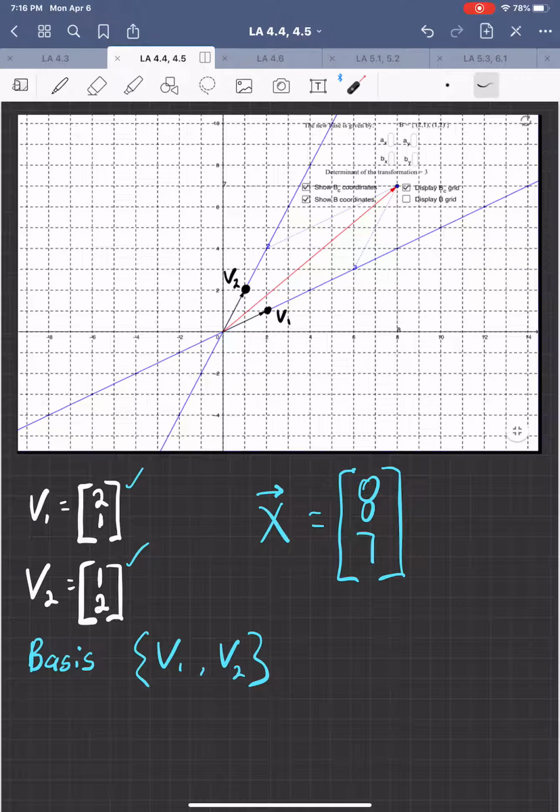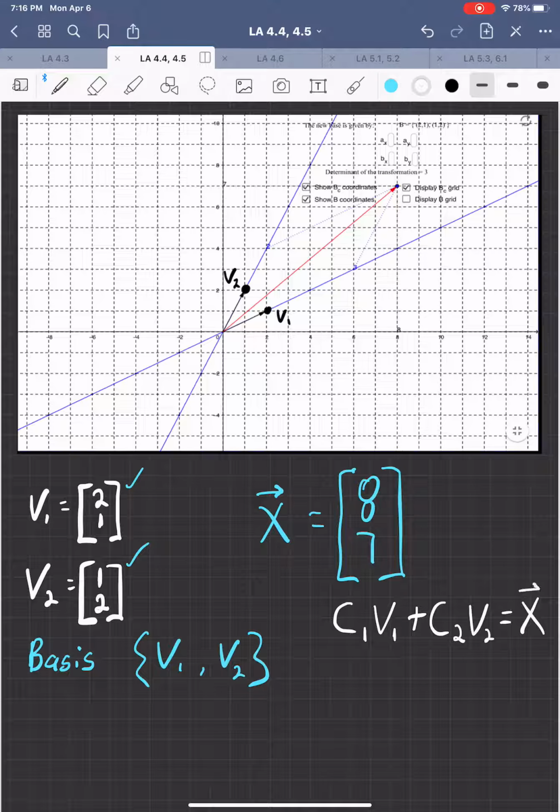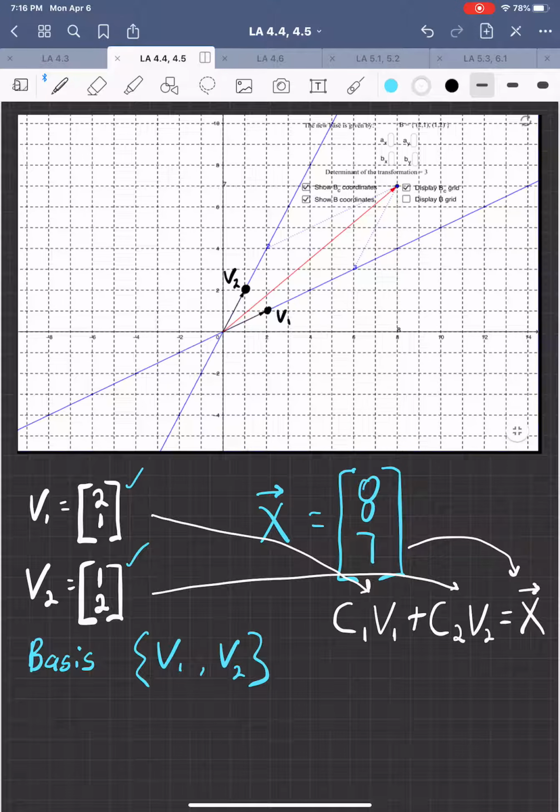But the good news is we're going to go back to the linear combination. So in this case, we would have c sub 1 multiplied by v sub 1 plus c sub 2 multiplied by v sub 2 is equal to any vector x in our R2 space, okay? Let's plug in everything where it needs to be, and then let's figure out what the weights should be.